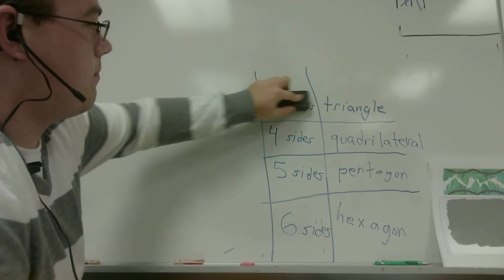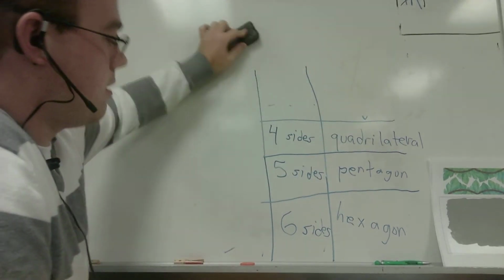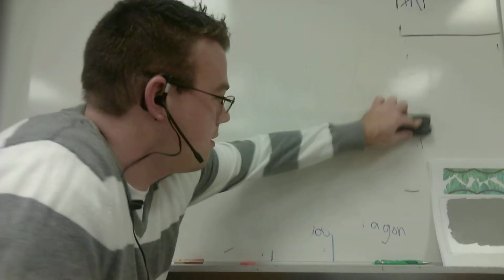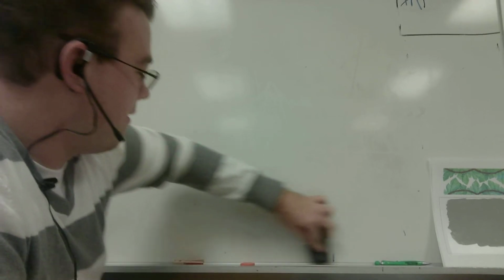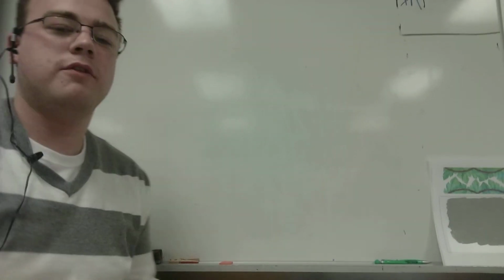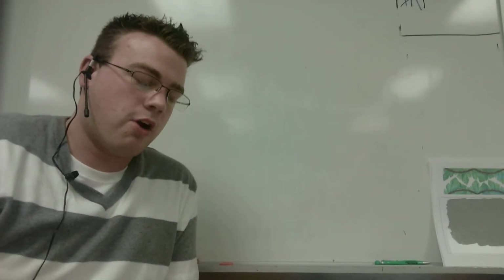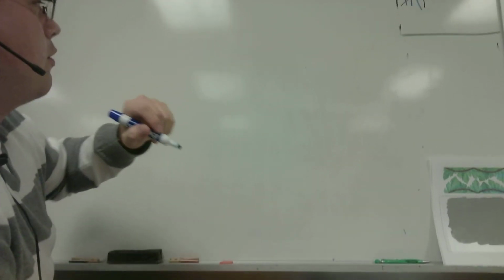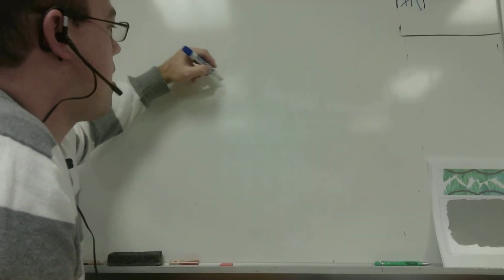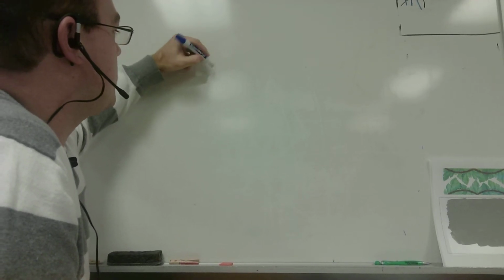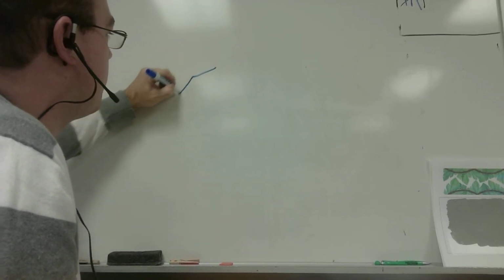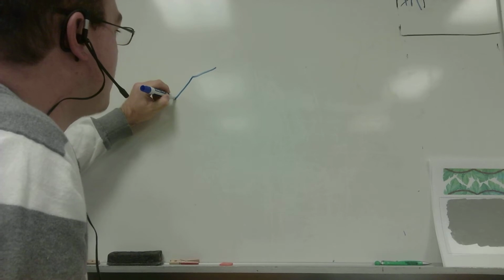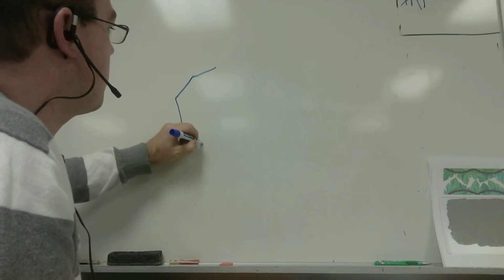You may remember seeing an octagon at a stop sign. But that is an octagon, and I forgot that I was making a chart, so hopefully this will fit. An octagon has 8 sides, and I'll put that up here.